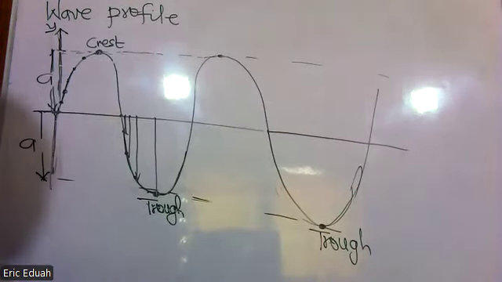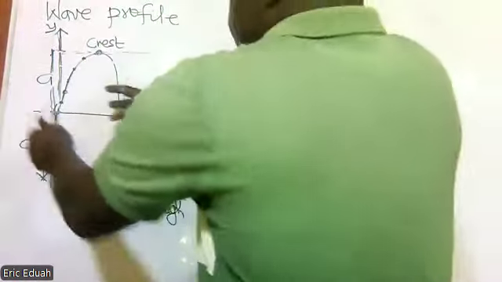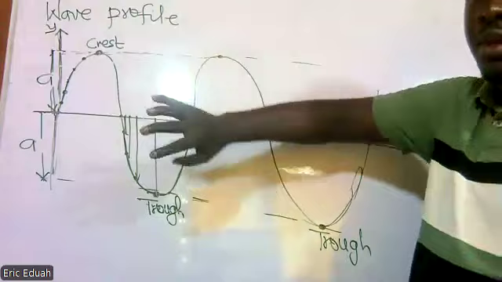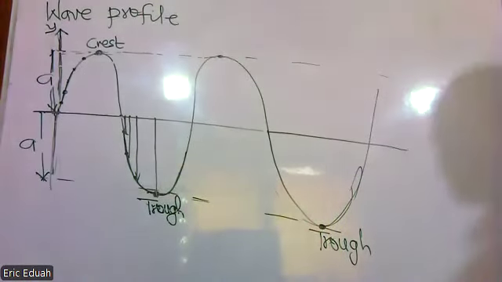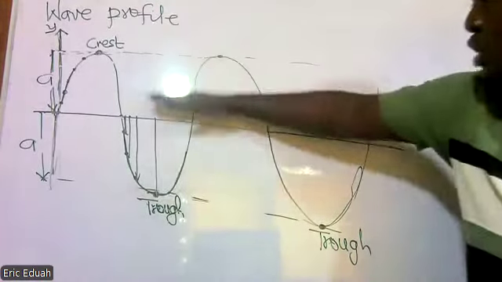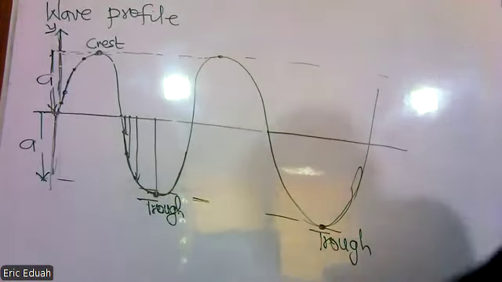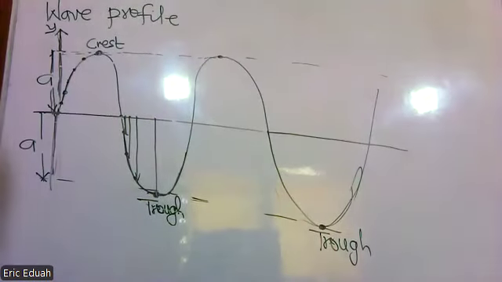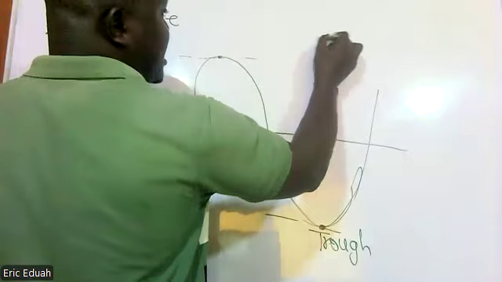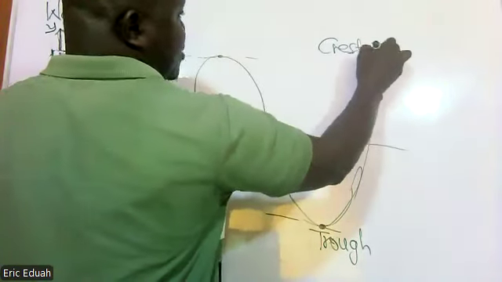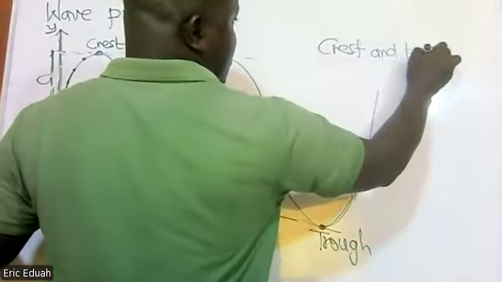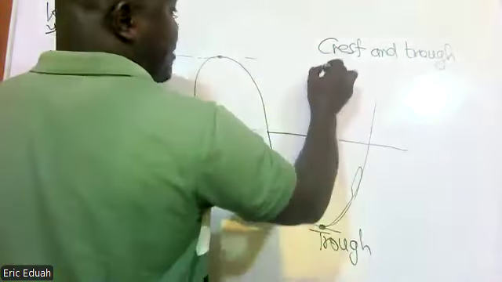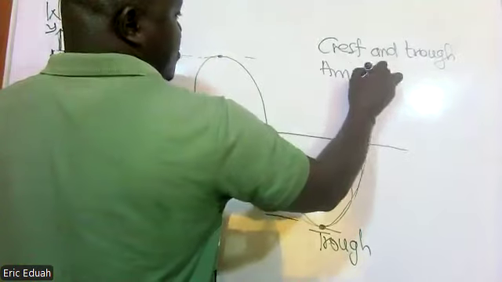So the amplitude is the maximum displacement of the whole wave. And we are considering this to be a free oscillation, where the amplitude of the wave is the same, even though practically waves do not exist like that. So we've noticed the crest and trough, then the amplitude of the wave.